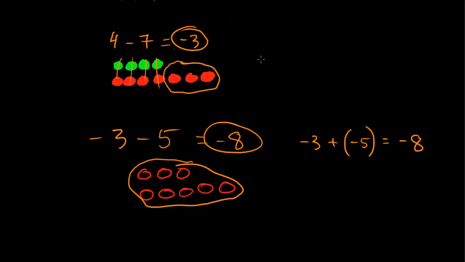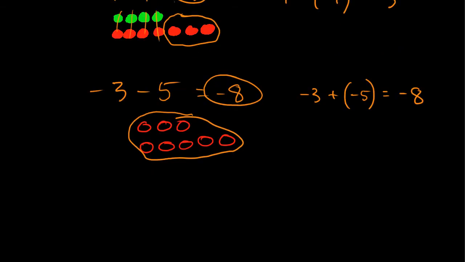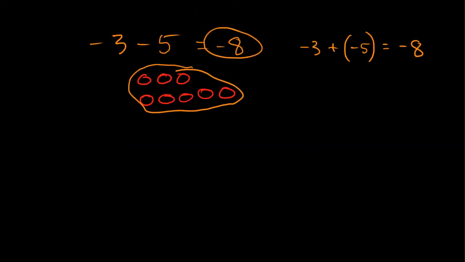And the problem above looked like starting with positive 4 and adding negative 7 to get negative 3. The difference between these two problems is really just that I started with my subtraction problem and I rewrote the subtraction part as addition by the opposite.